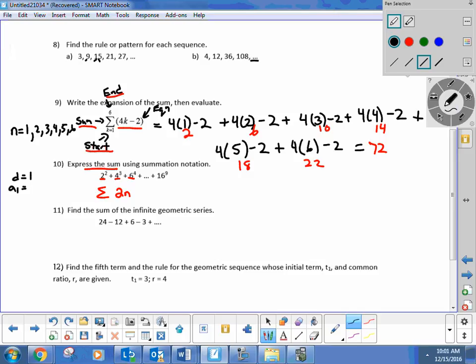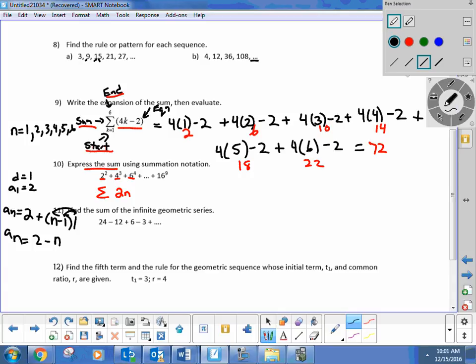a sub 1 is actually 2. So when you write it in the equation, a sub n is 2 plus n minus 1 times 1. When I distribute this, I'll get 2 plus n.